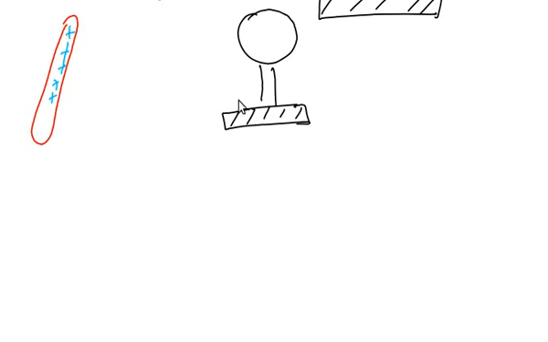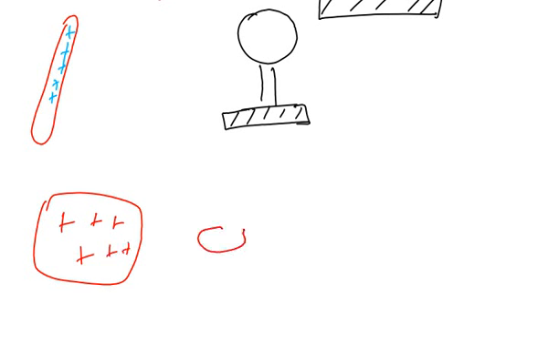So we can summarize induction like this: if any charged object is brought closer to some other object, the surface near the charged object gets the opposite charges induced on it, and the surface farther from the charged object gets similar charges induced on it.